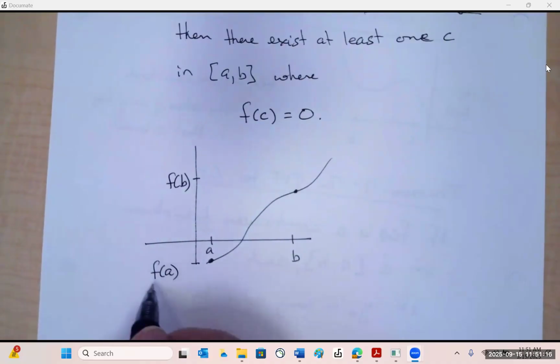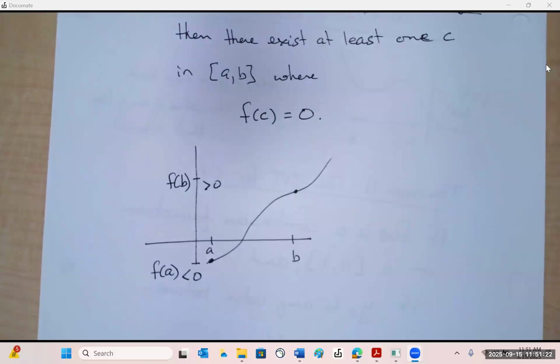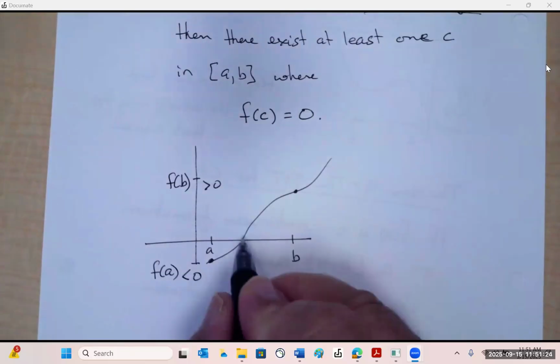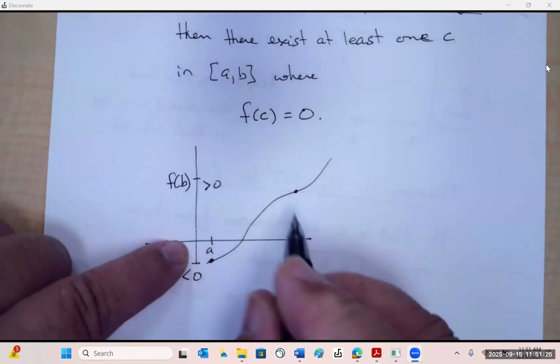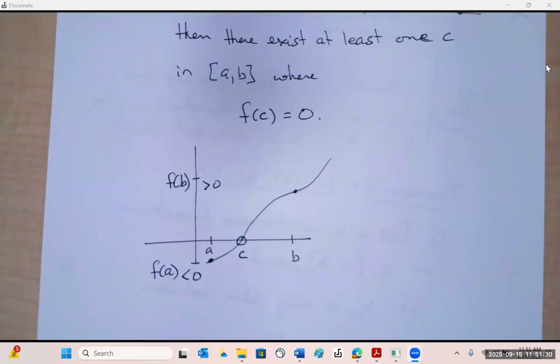Yeah, down here, this is less than 0, so it's negative. Here, it's greater than 0, so it's positive. The only way that could be true is if between A and B, there's a value C that crosses the x-intercept, where the function equals 0.